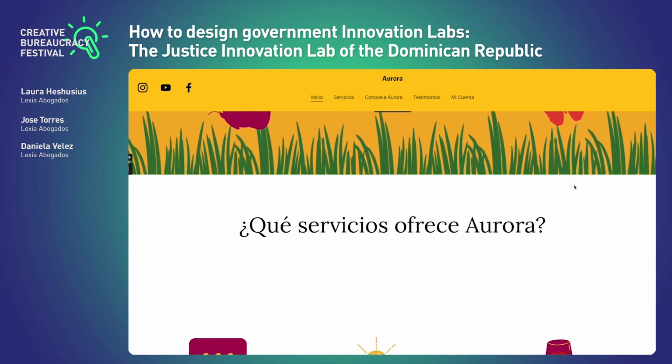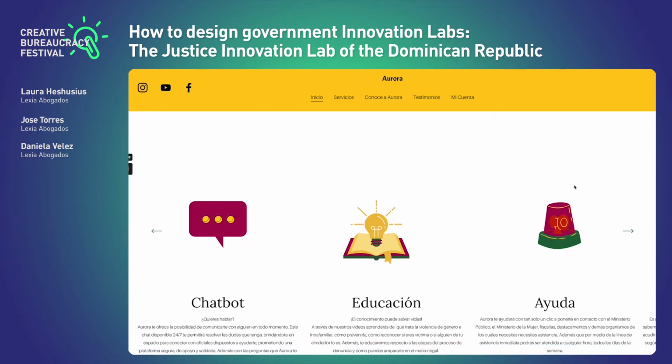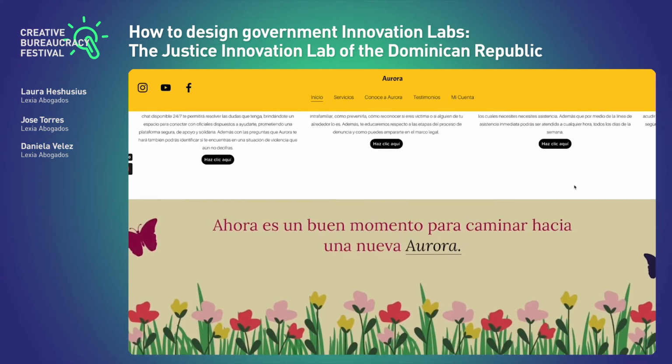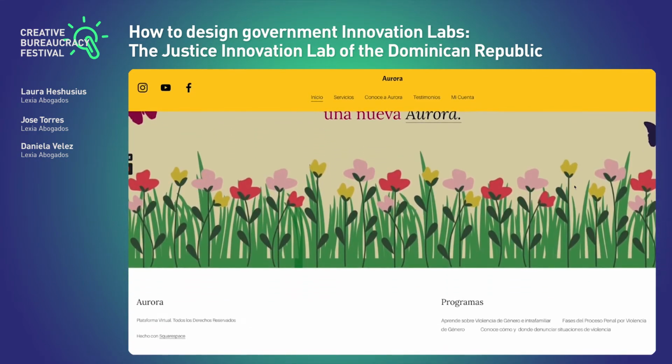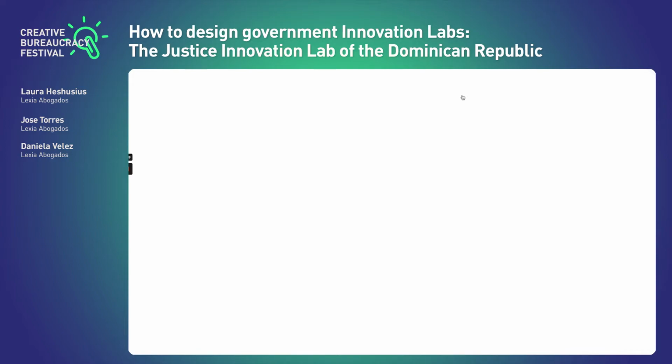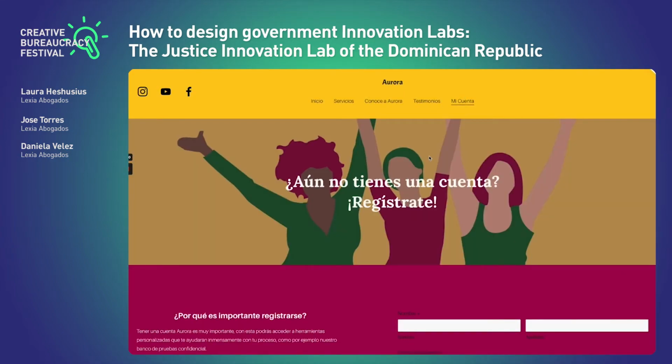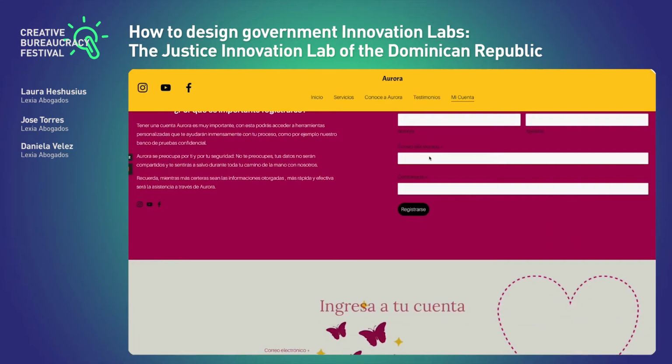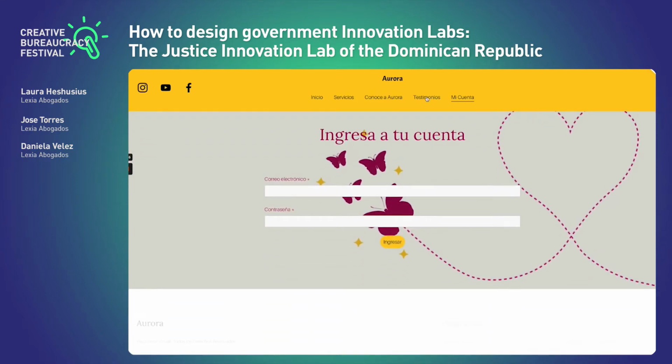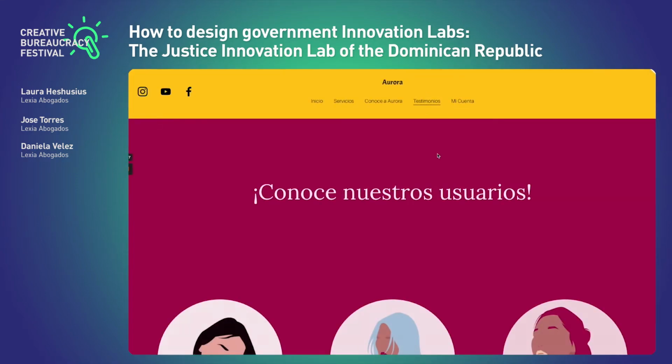The webpage they built seeks to provide victims with comprehensive help and assistance in these situations. From an educational section where they provide information that can be useful to prevent violence, to a chatbot that allows you to access professional advice, this page includes all the tools to facilitate access to the judicial system for victims of this matter.